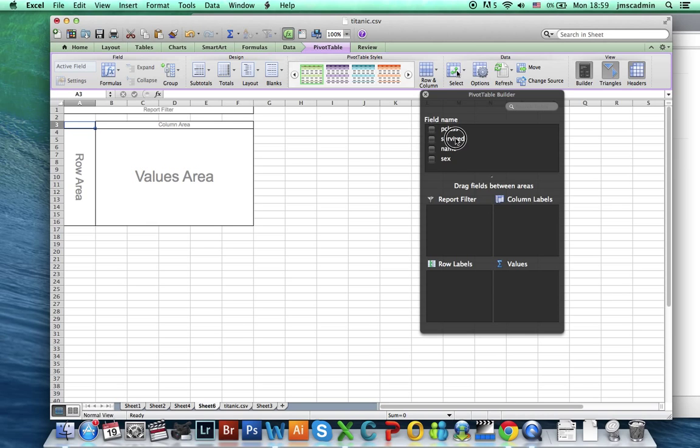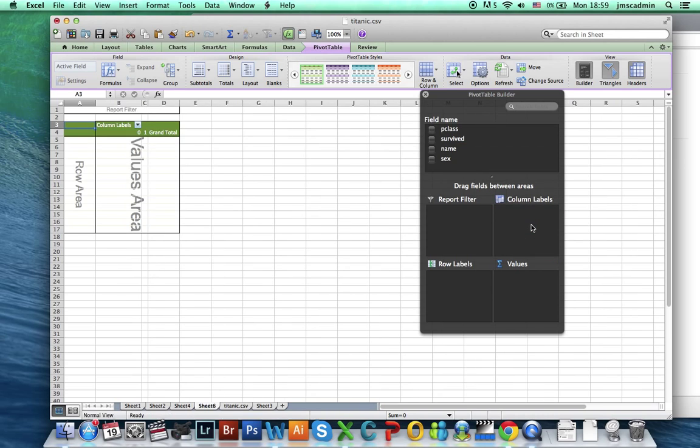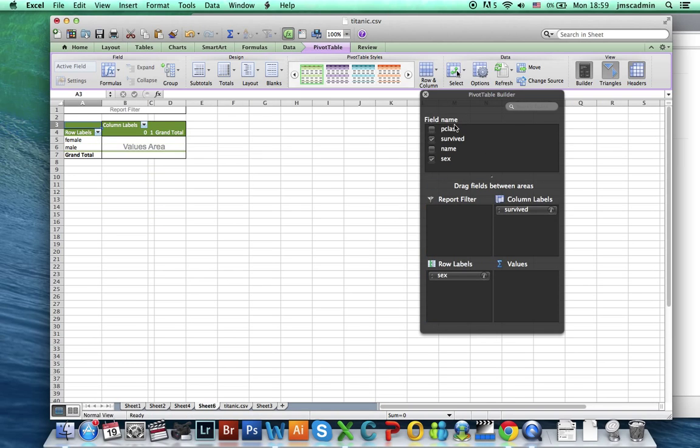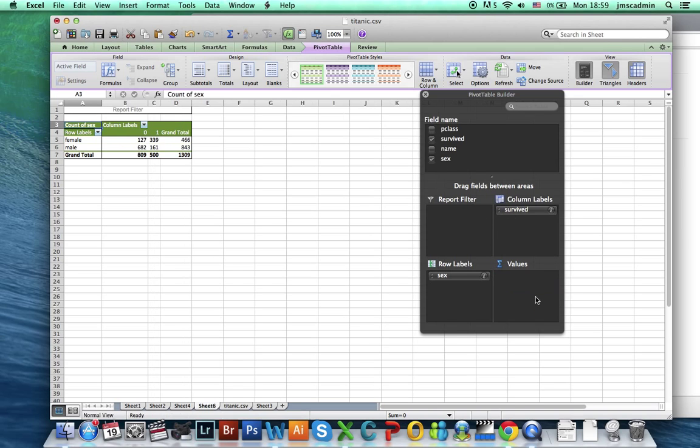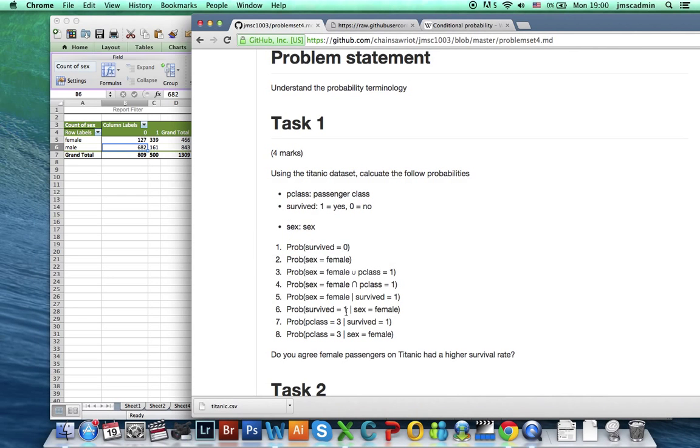I drag the survive into the column, and then the gender into the row, and then also the count. With this table, you can already calculate those conditional probabilities. The first one is: given a passenger is a survivor, how many of them are female?